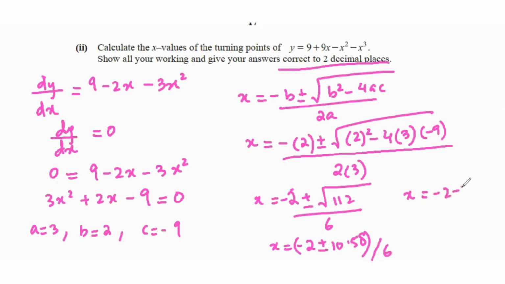One will be negative 2 minus 10.58 over 6, which equals negative 2.096. And the other is negative 2 plus 10.58 over 6, which equals 1.43. These are the two values.